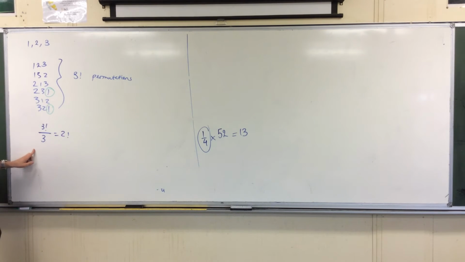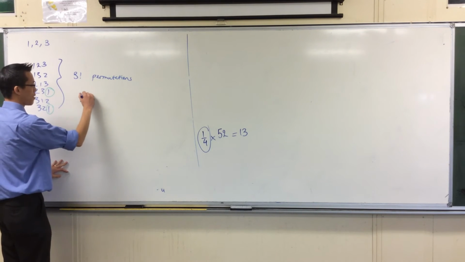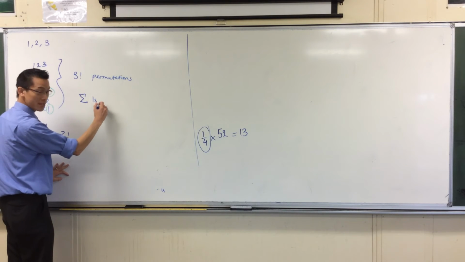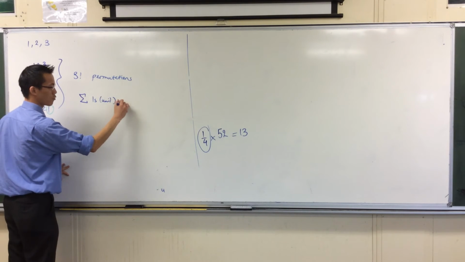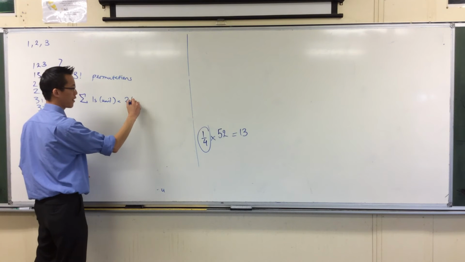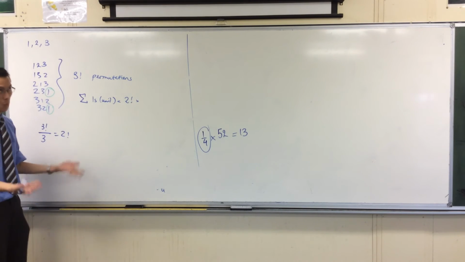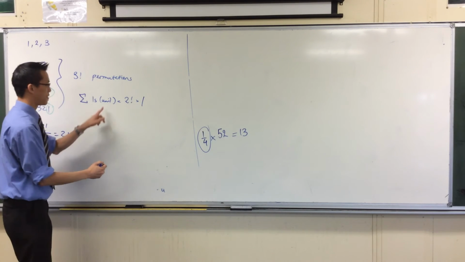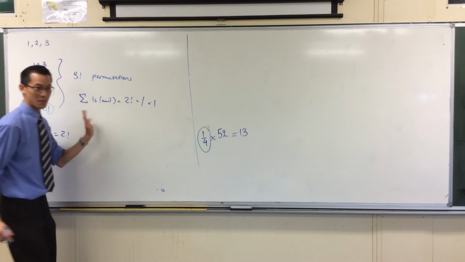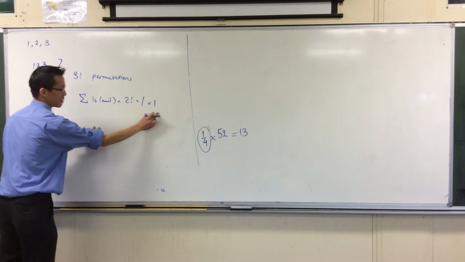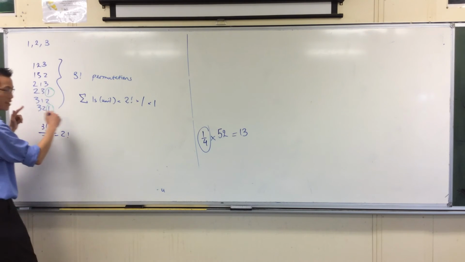So when I add up all of the 1s in the units column, the sum is going to be 2 factorial times 1, because each 1 is worth 1 in the units. There you go. That looks a bit silly, but when I go to the next one, you see why it's important.